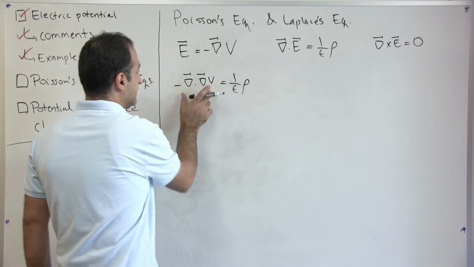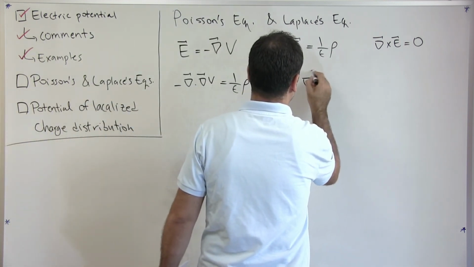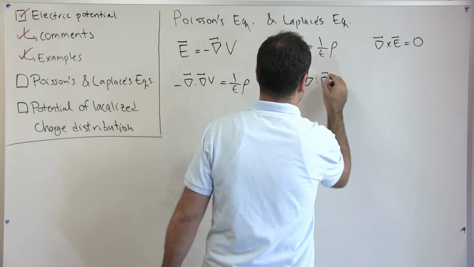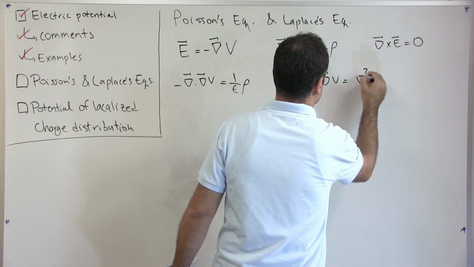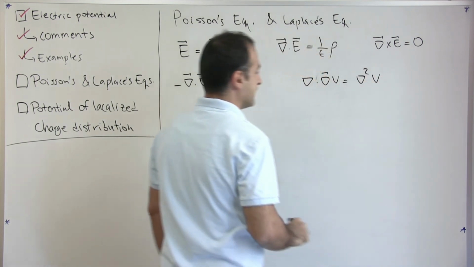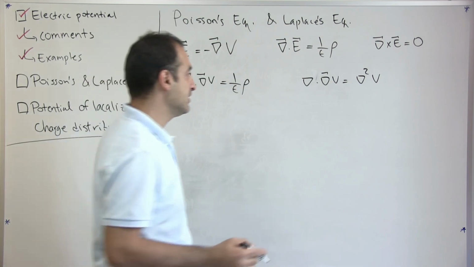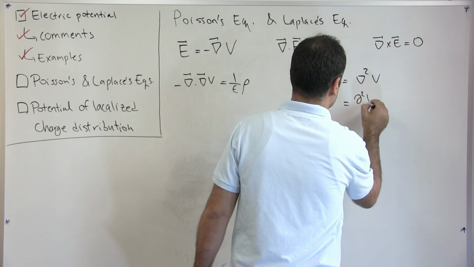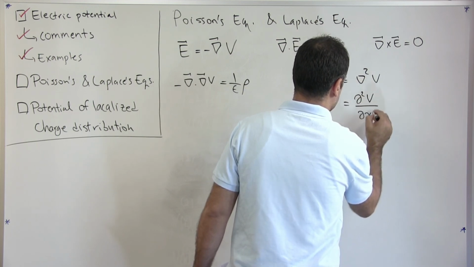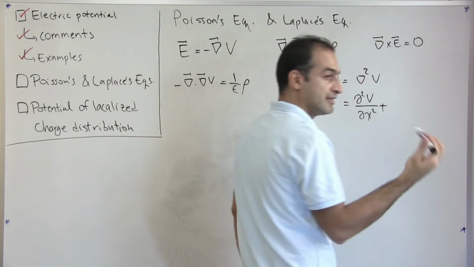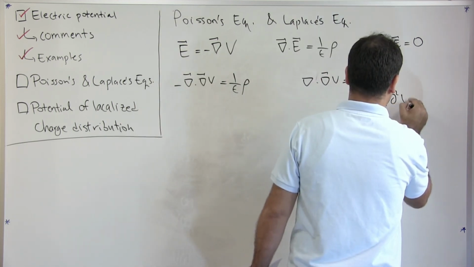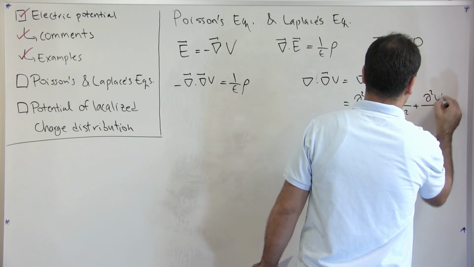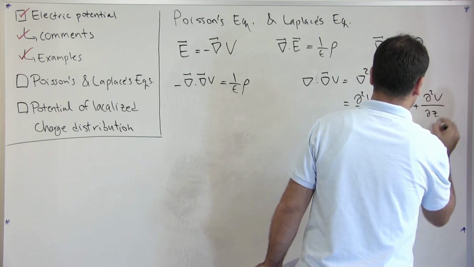So mathematically, the divergence of the gradient of V is written as del squared V. And if we write it in terms of the components, this is equal to the second derivative of V with respect to x squared, I'm using Cartesian coordinates, plus the second derivative of V with respect to y, plus the second derivative of V with respect to z.